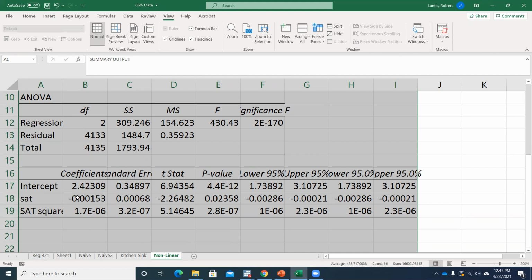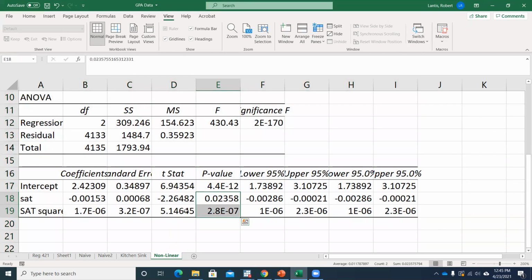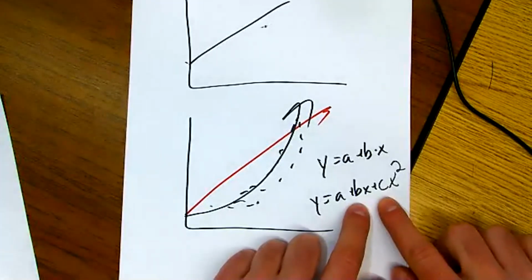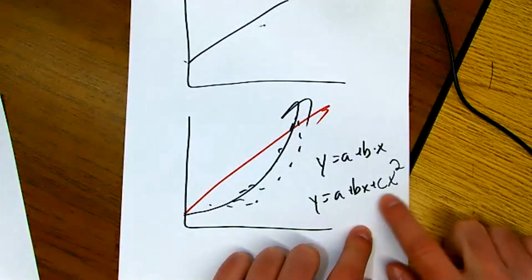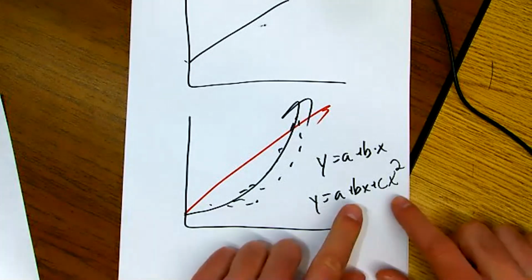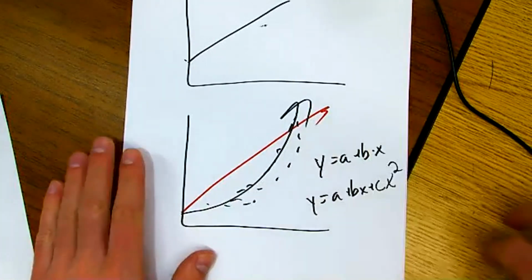So this gives us coefficients, and the p-values are significant here. The square term is significant. So we can now plug these coefficients in and, for different SAT scores, come up with a more accurate prediction of the GPA, because we aren't forcing our predictions to be linear.